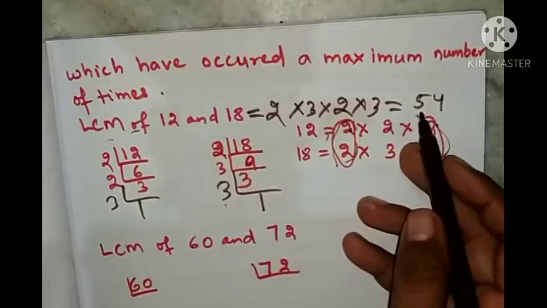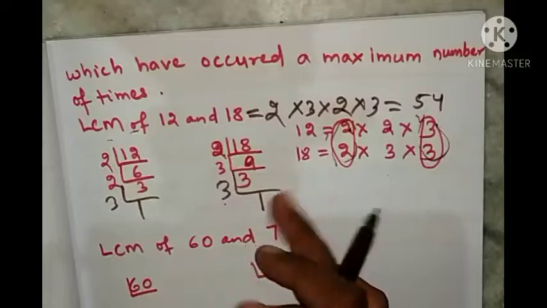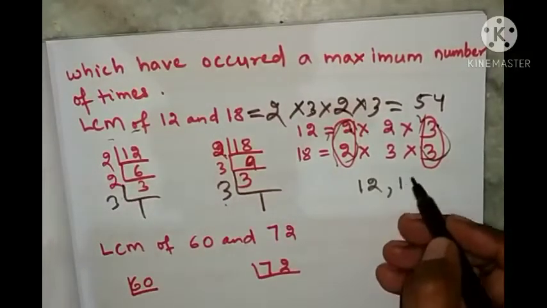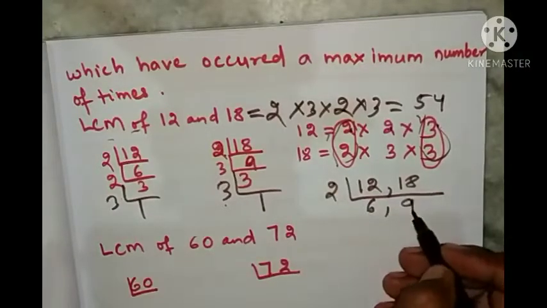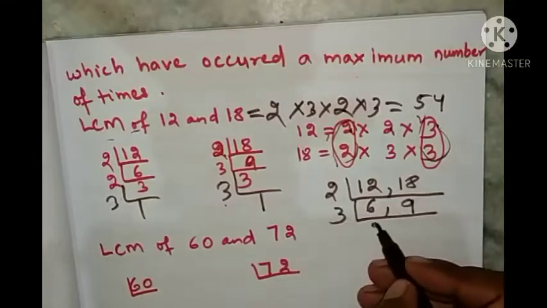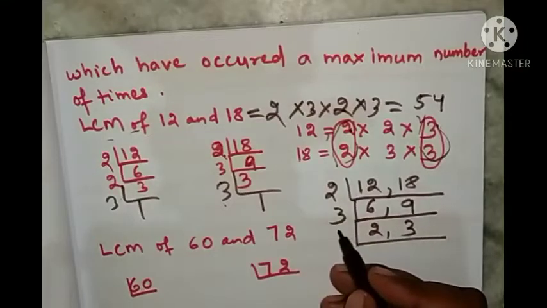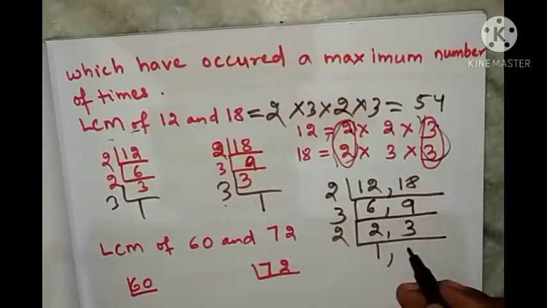So this is the prime factorization method by which you can find the LCM. Or you can find it by writing 12 and 18 at a time and then dividing. 2 6s are 12, 2 9s are 18, then 3 2s are 6, 3 3s are 9. Next, 2 1s are 2, 3 you cannot divide, so you get 3.